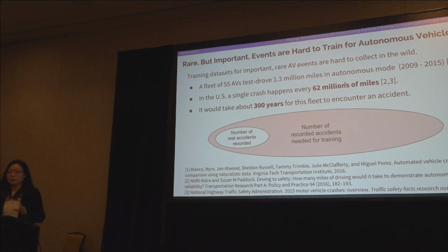And this is too little for even a single crash type, but we want to have thousands of these for each crash type, for example. So I think it's for now unrealistic to rely only on those captured in the wild, and that's why we want to create that with the 2D dataset, which is more abundant.